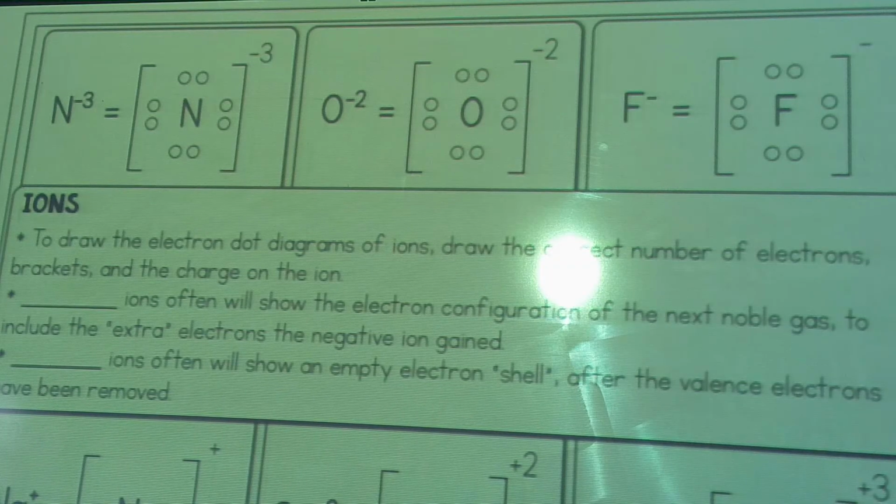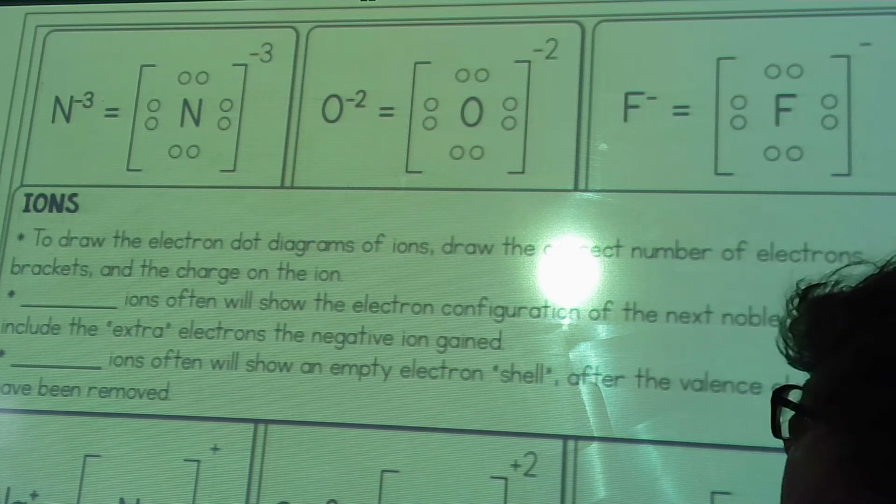When we talk about ions, ions work a little bit differently. Remember, ions are atoms that have either extra electrons, which makes them negative, or are missing some electrons, which makes them positive. So when we draw electron dot diagrams of ions, we do it a little bit differently. A couple things we want to write here.